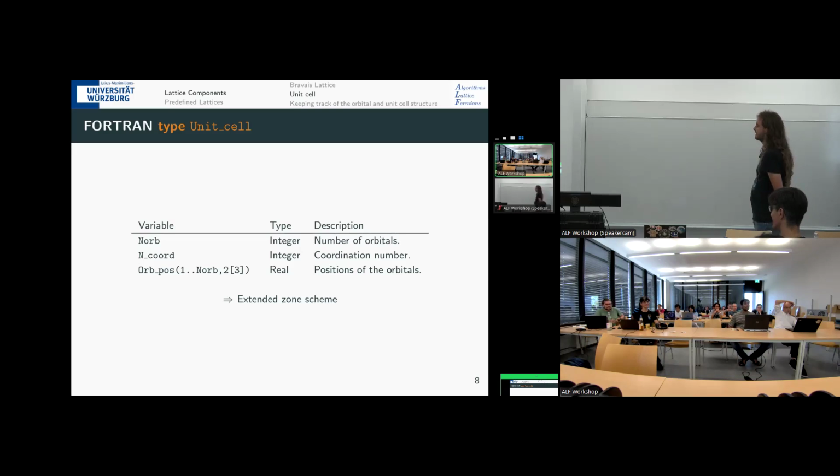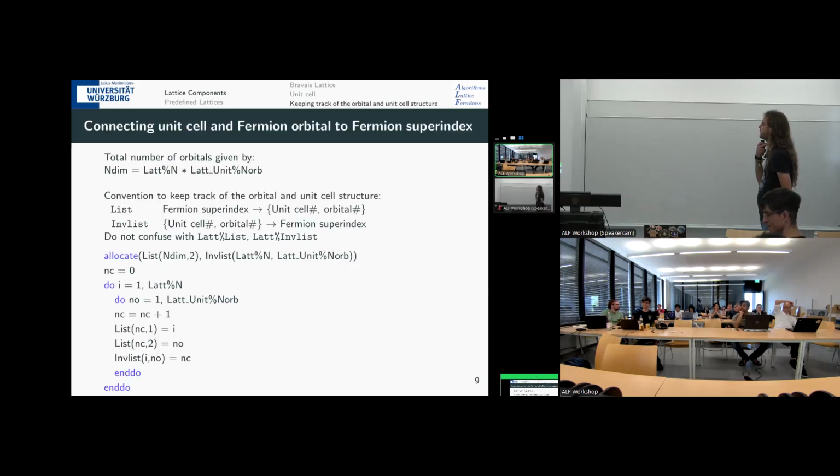It's a bit tricky, right? Okay. But the point is basically the actual number of fermions we simulate, or the dimensionality of our problem, is basically the number of unit cells in the lattice times the number of orbitals.